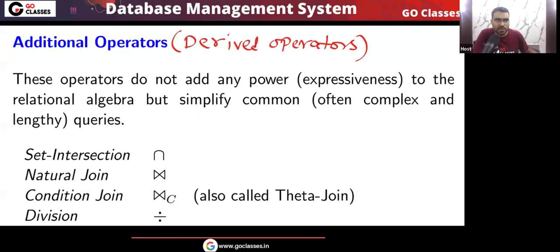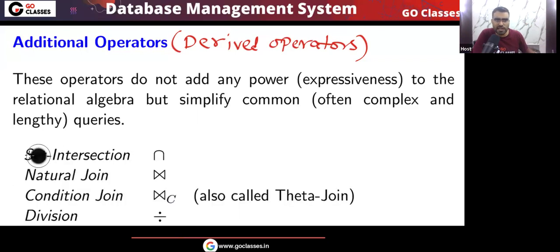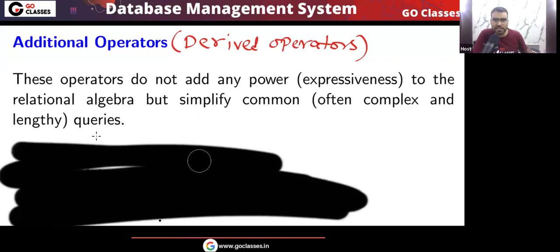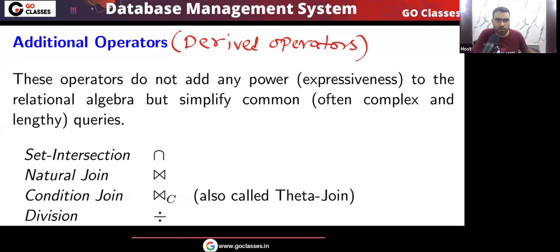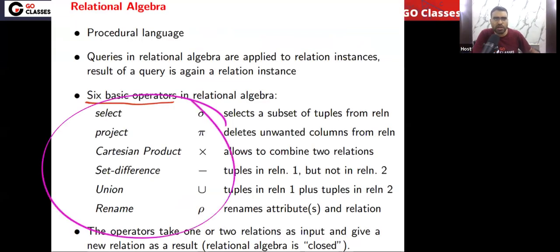Tell me, if I remove these facilities from the relational algebra, am I decreasing the power of relational algebra? The answer is no, because what they can do, the basic operations can also do.